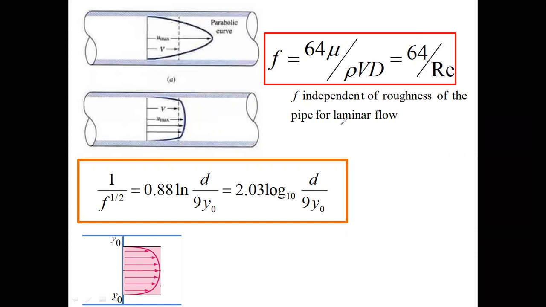But if you consider turbulent flow, the velocity profile has a logarithmic variation. That means around the pipe axis it's almost flat, and it drastically reduces the velocity near the pipe wall. That is the difference.